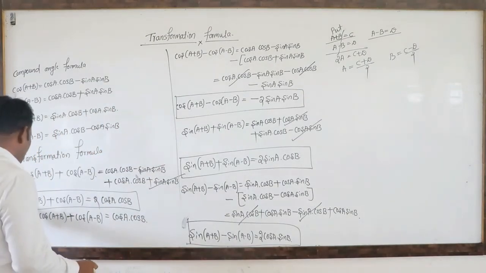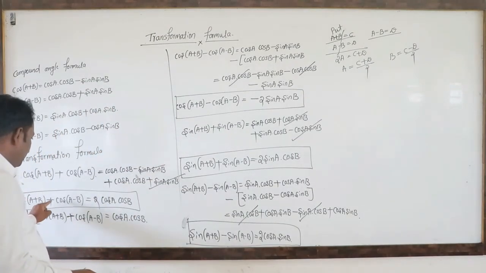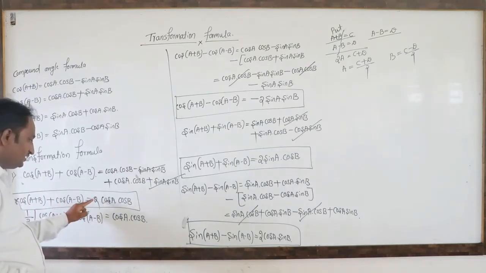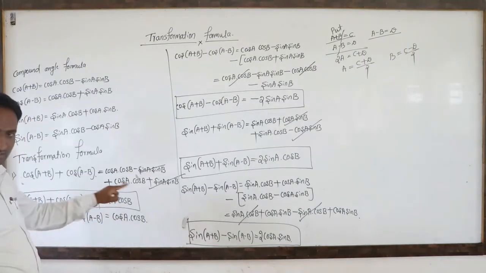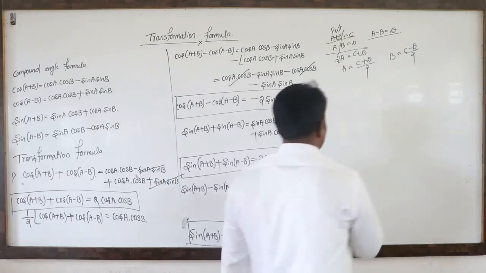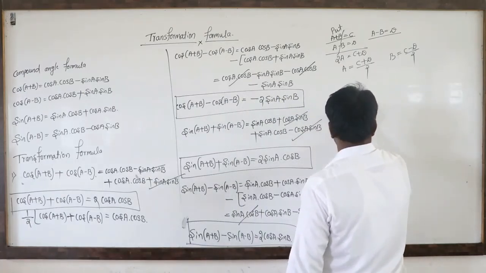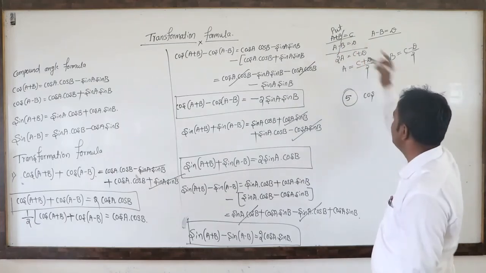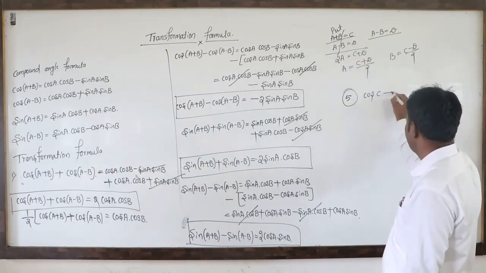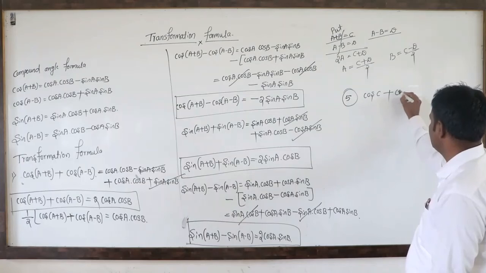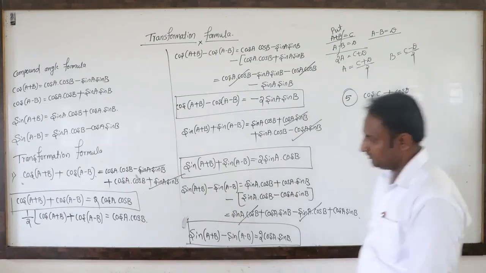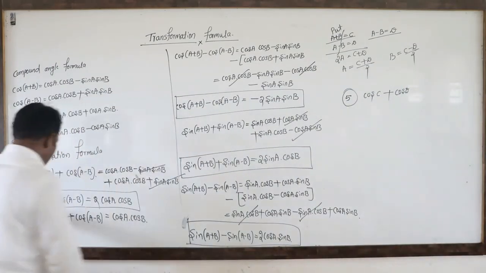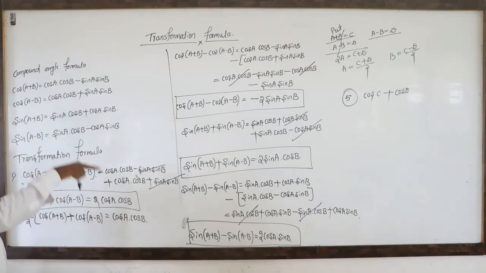Here first one, cos of a plus b plus cos of a minus b is equal to 2 cos a cos b. Here the fifth one: in place of a plus b, c, cos c plus cos d. In place of a plus b, we can substitute c and a minus b, d value.